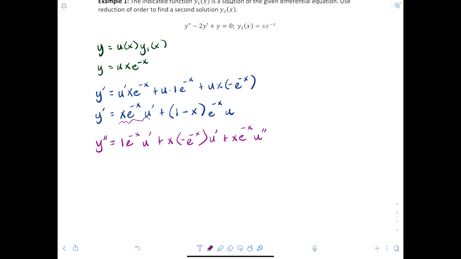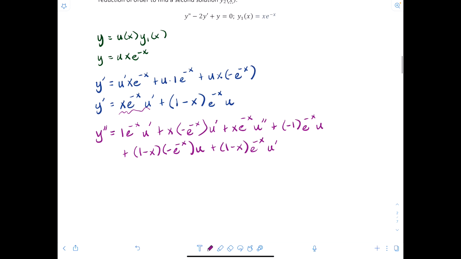And then the second term we have plus negative 1, that's the derivative of 1 - x, times e^(-x) times u, plus (1 - x) times negative e^(-x) times u, plus (1 - x) times e^(-x) times u'. Cool so far?